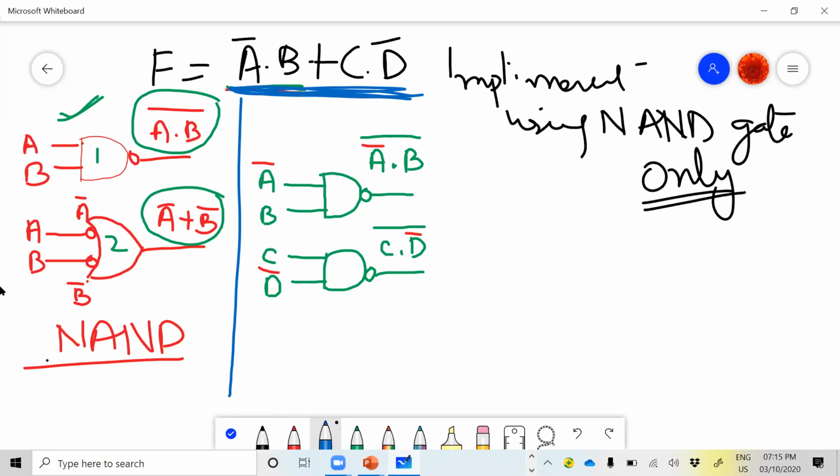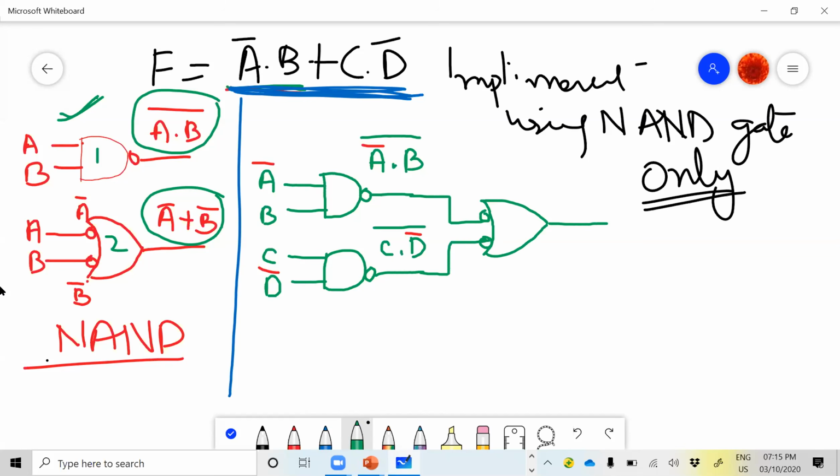The second representation, because the second representation is helpful when we are implementing sum terms. So I will put the second representation gate here. Again, it is not any other gate, this is again a NAND gate, and this is coming like that, connect like that.